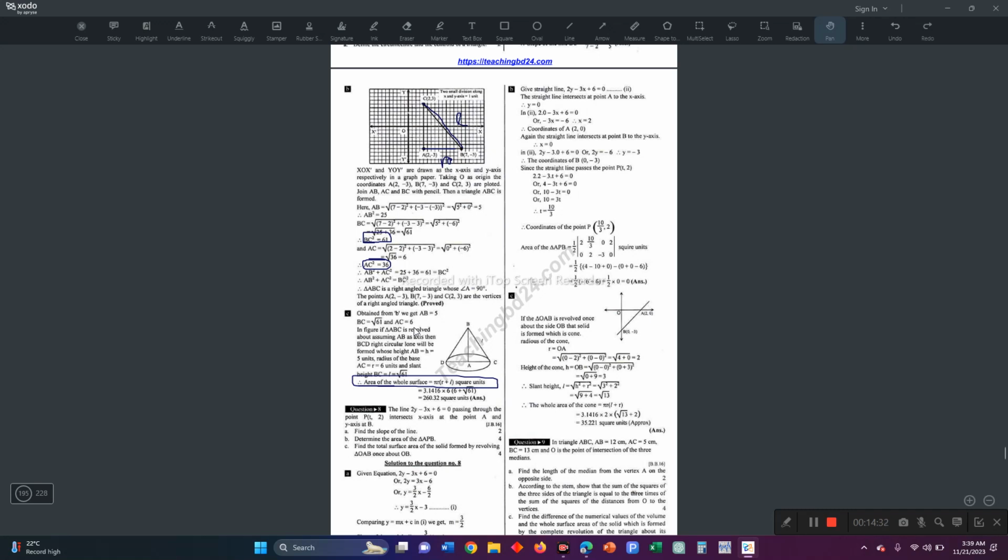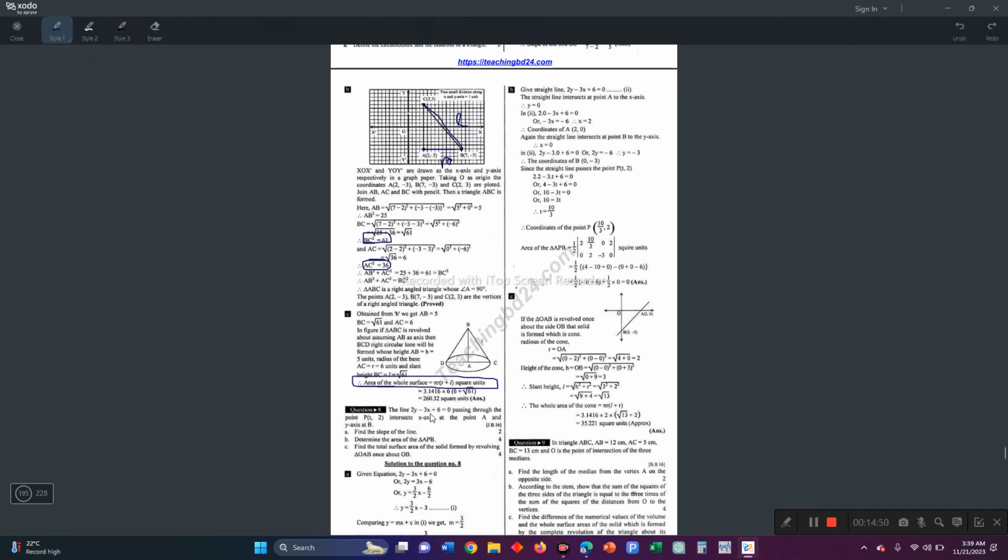Now putting these values here, we will find the area of the whole surface, that is pi r into r plus L, that is 3.1416 into 6 into 6 plus root over 61, and the total value is equal to 260.32 square meter.